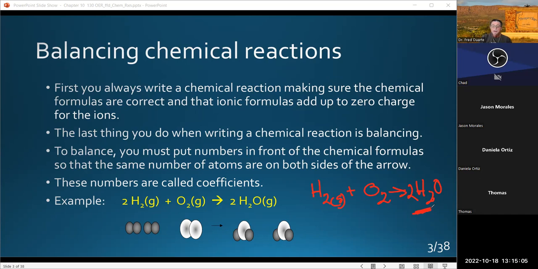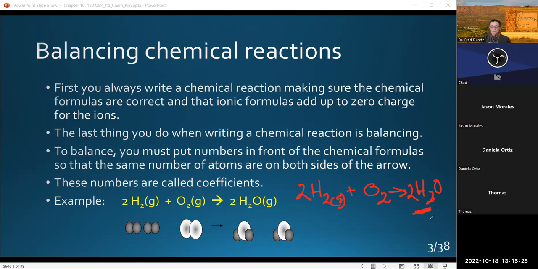That's okay. Now we go back to the reactant side and we put a 2 in front of the hydrogen. So now we have 4 hydrogens on the reactant side, 2 oxygens on the reactant side. And on the product side, we have 4 hydrogens in the form of water and 2 in the form of oxygen.